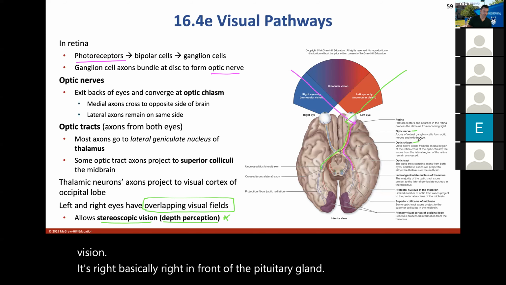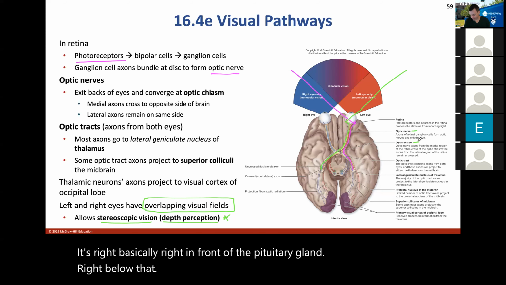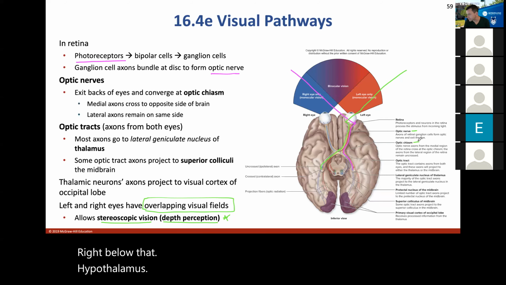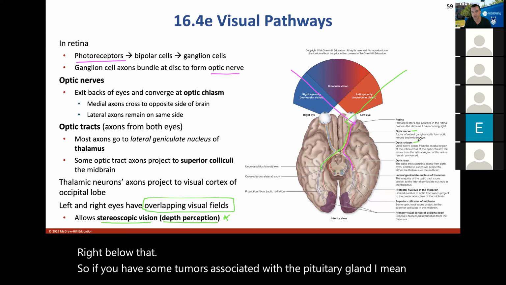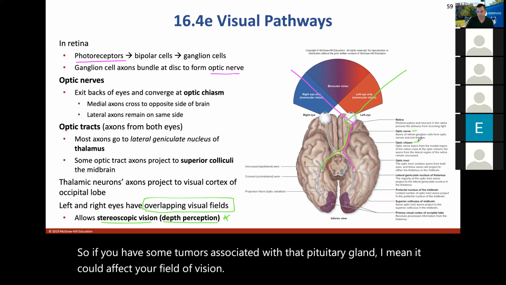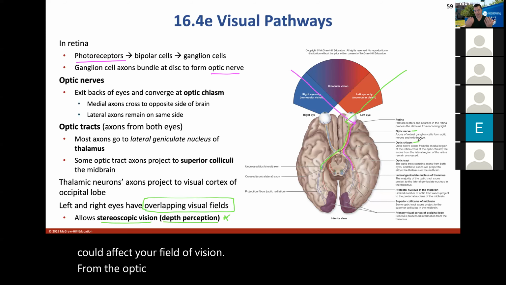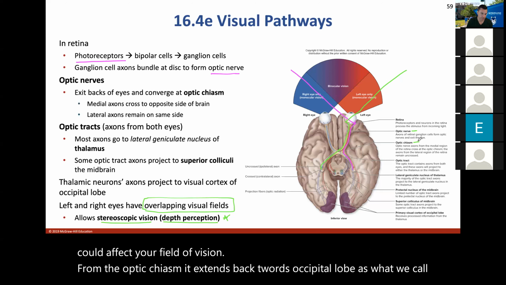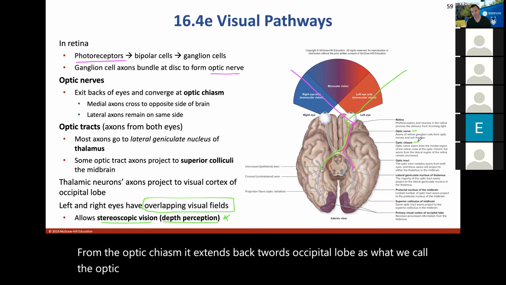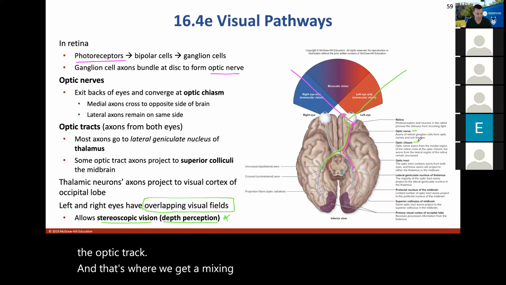Right below the hypothalamus. So if you have some tumors associated with that pituitary gland, I mean, it could affect your field of vision. From the optic chiasm, it extends back towards the occipital lobe as what we call the optic tract. Okay. And that's where we get a mixing of the two various different fields of vision.